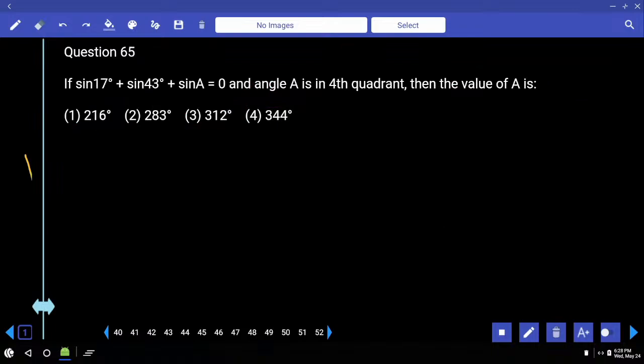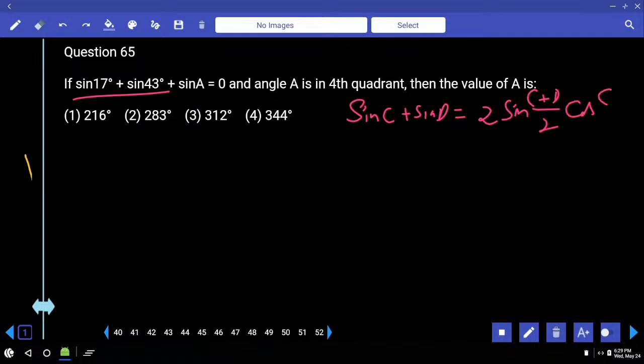Sin 17 plus sin 43 plus sin A equals 0, and angle A is in the fourth quadrant. Then what is the value of A? You know the formula of sin C plus sin D? Sin C plus sin D is equal to 2 sin (C plus D)/2 cos (C minus D)/2.